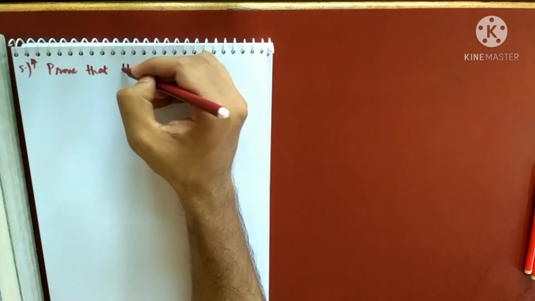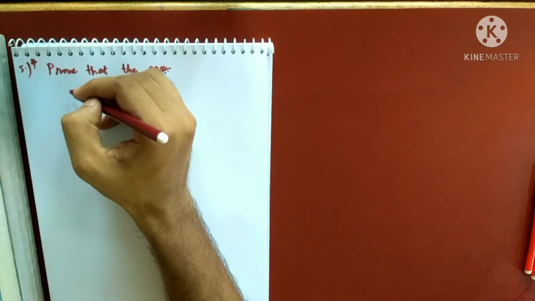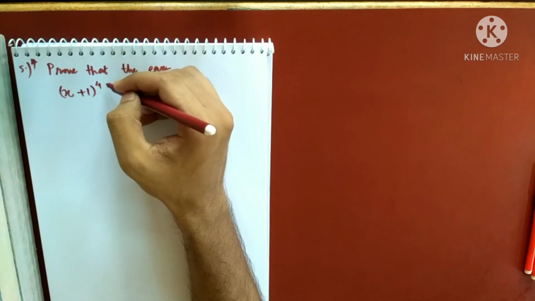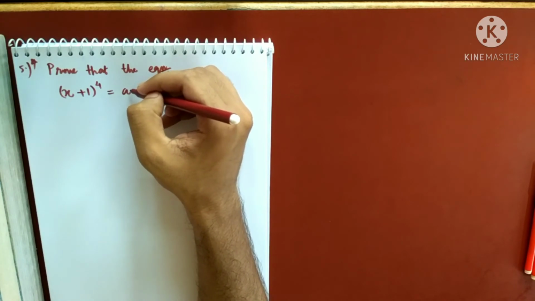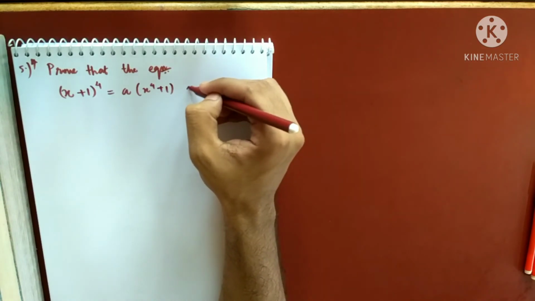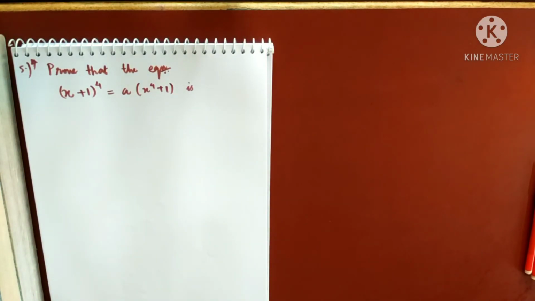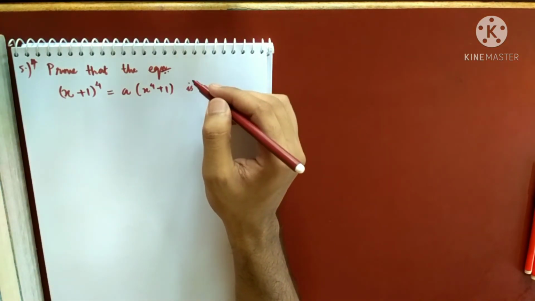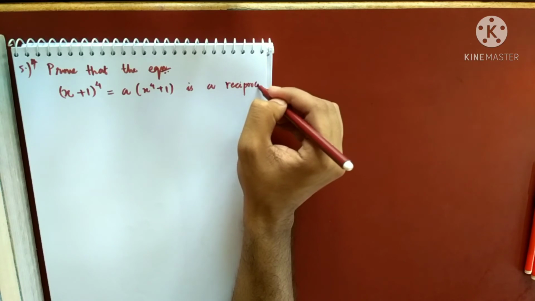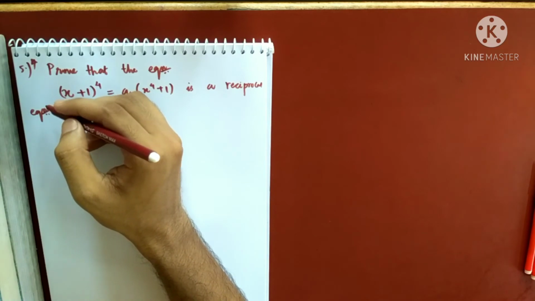the equation, I write the equation here, x plus 1 whole to the power 4 equals a into x to the power 4 plus 1, is a reciprocal equation if a not equals to 1.